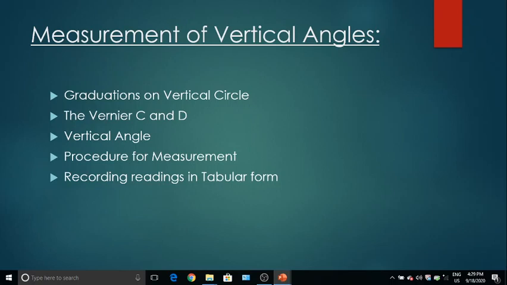But it is always advisable to take the main scale reading in vernier C, in terms of degrees, minutes, and seconds, and in vernier D, it is advisable to take minutes and seconds only.